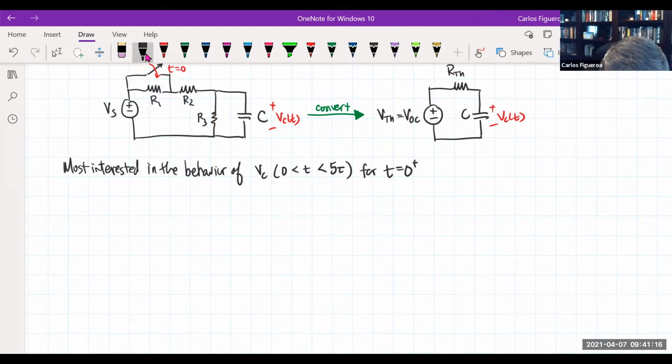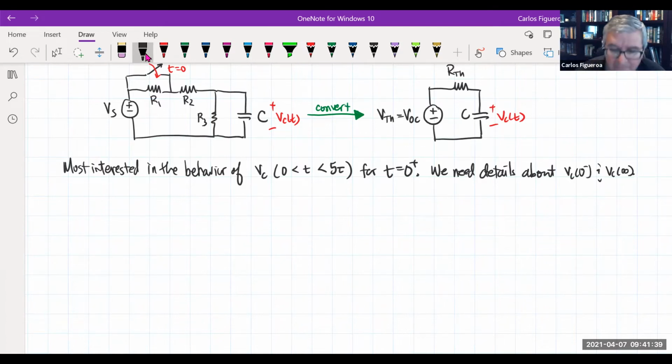The problem is we need to find out details about the circuit. So we need details about really VC of 0 minus and VC at infinity.